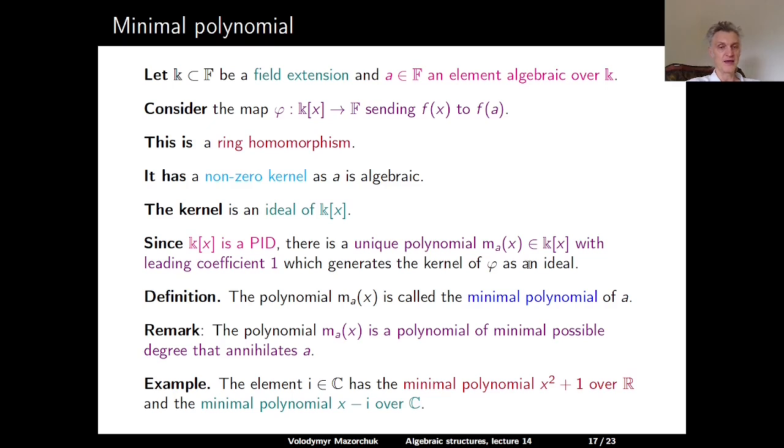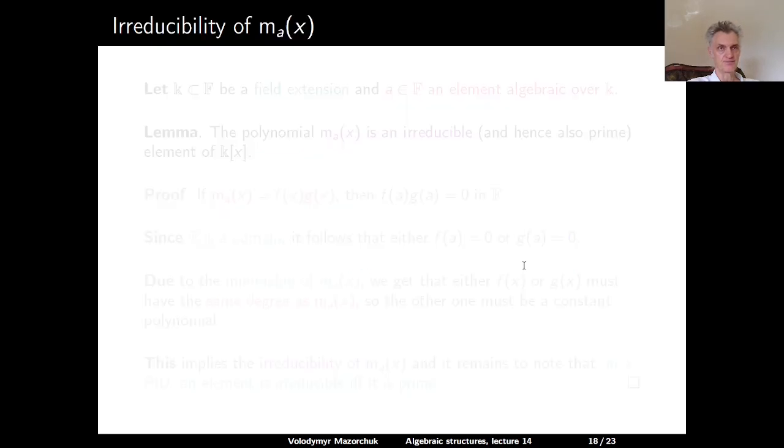For example, the element i in C, so the imaginary unit i, has the minimal polynomial x squared plus 1 over the real numbers. However, note that over the complex numbers, it has the minimal polynomial x minus i. So the notion of a minimal polynomial depends on both components in the field extension. The main property of the minimal polynomial is that it's an irreducible element of the polynomial ring.